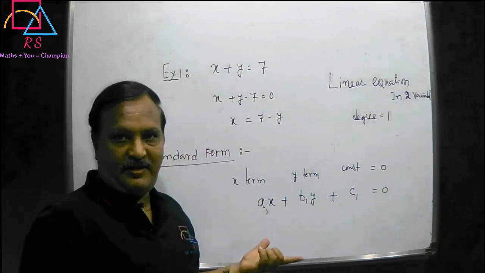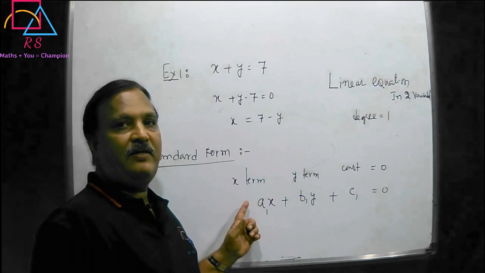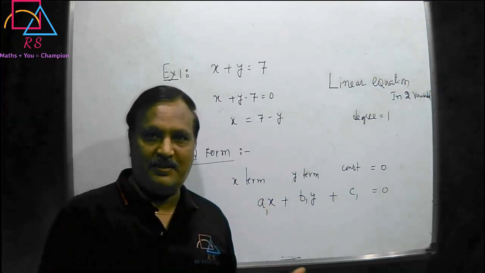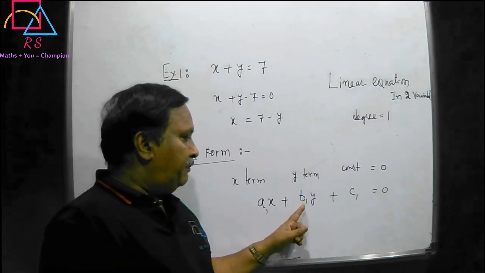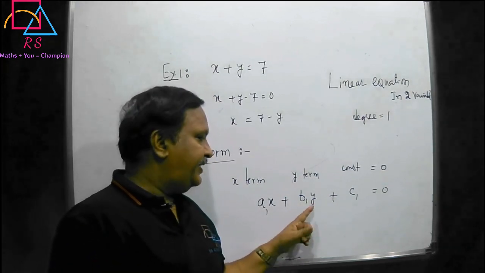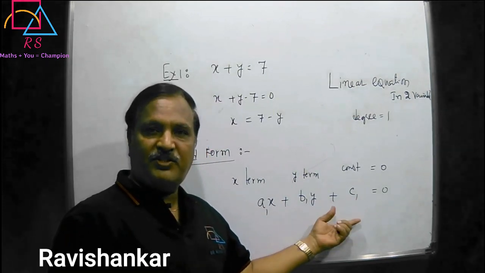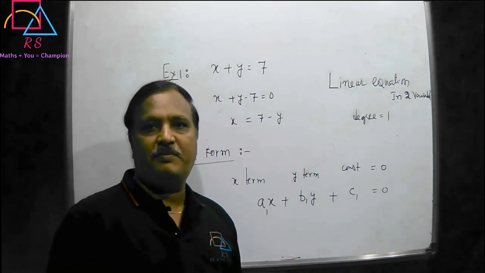x is a variable, a1 is the coefficient of x, and a1 is a real number. b1 is the coefficient of y, and b1 is a real number. c1 is a constant, and it is a real number.